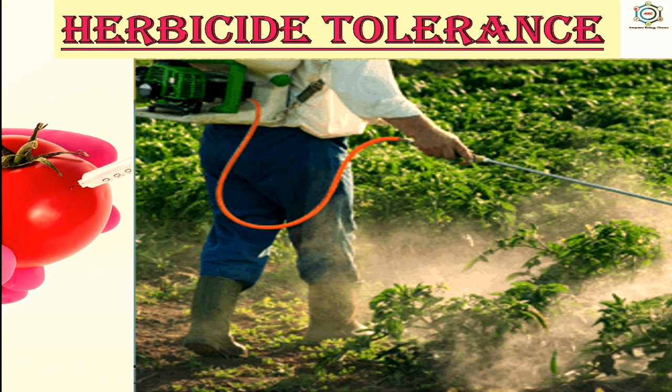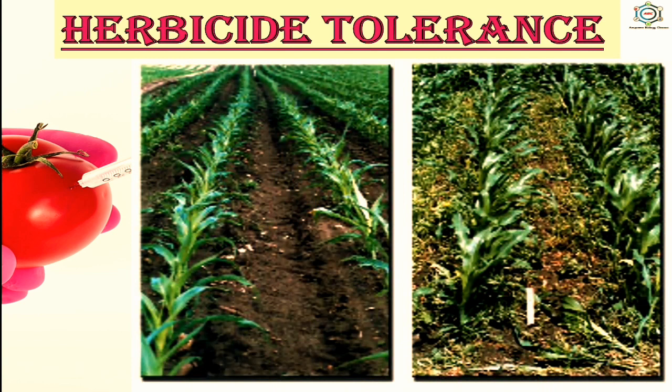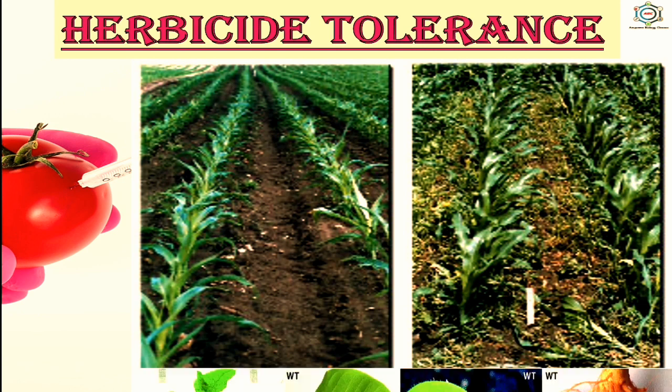Some herbicide resistant crops produced by genetic engineering are tomato, potato, tobacco, soybean, cotton, corn, oilseed rape, sugar beet, petunia, etc. Herbicide resistant plants have been developed in such a way that they continue to produce normal crop yield and at the same time remain unaffected by the activity of herbicides.